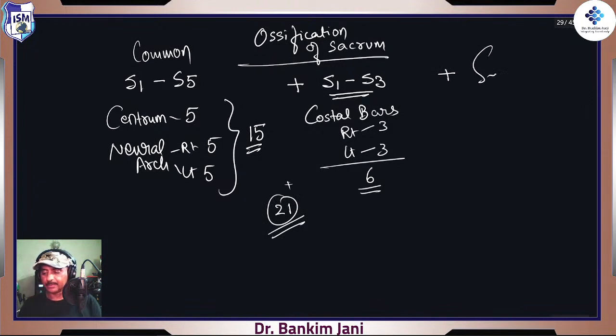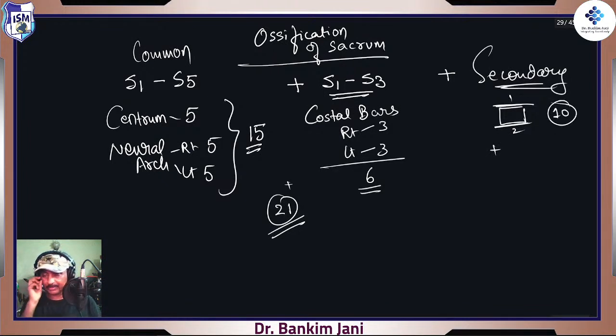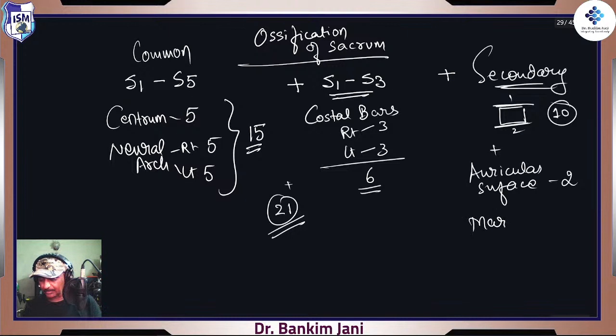Plus there are some secondary centers, easy. One above, one below. So this is 1, this is 2. So total 10, because we are dealing with 5 vertebrae, S1 to S5. Plus for the auricular surface, which we saw was articulating, there are 2, and plus 2 more for the margins below.